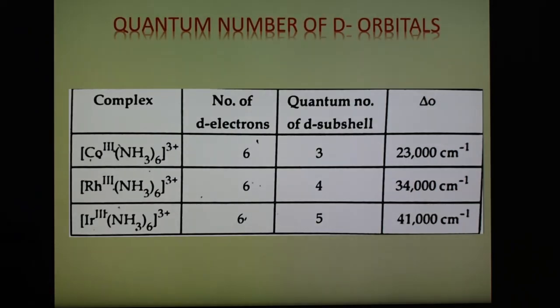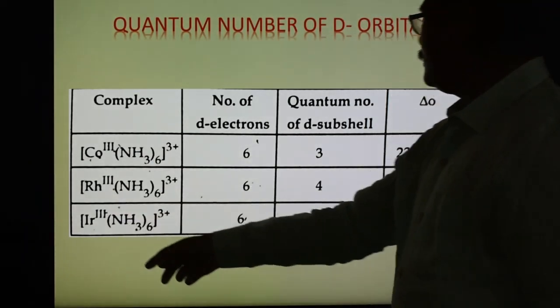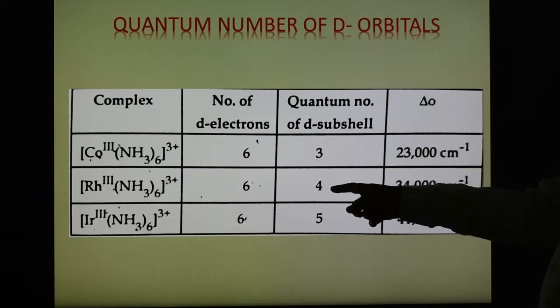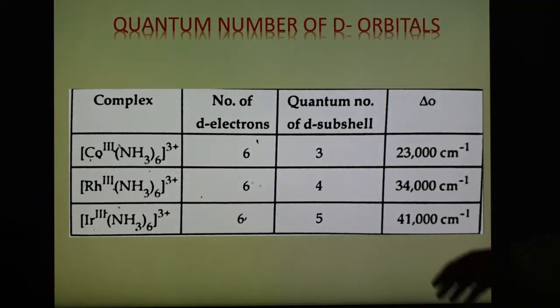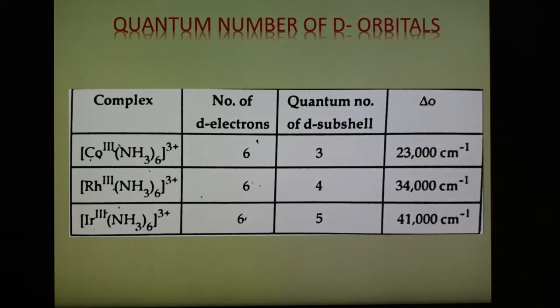Another case is now the quantum number of d orbitals. Here this table shows that the number of d electrons is the same, the metal ions are different, but the quantum numbers of the d subshell are different, this is 3d, 4d, 5d. As the quantum number increases, 3, 4, 5, the delta value also increases.